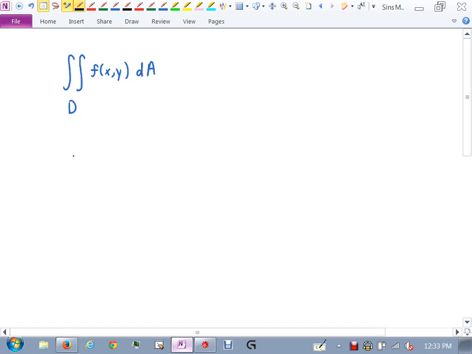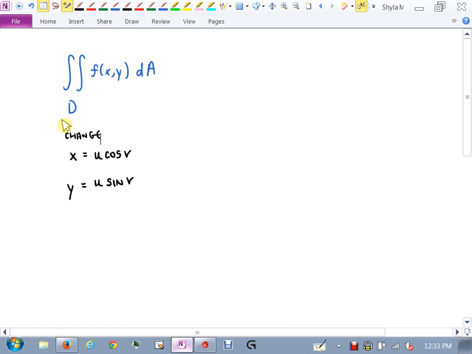Everywhere that you see an x, I'd like for you to replace it with u cosine v. Everywhere you see a y, I'd like you to replace it with u sine v. Now, what am I really doing? I'm trying to hide it behind u and v here. That's a polar conversion, isn't it? I'm just replacing r with u and theta with v. So I'm going to come in here and change it this way.